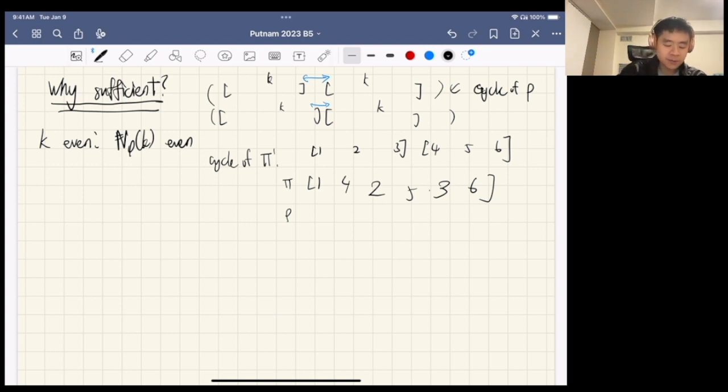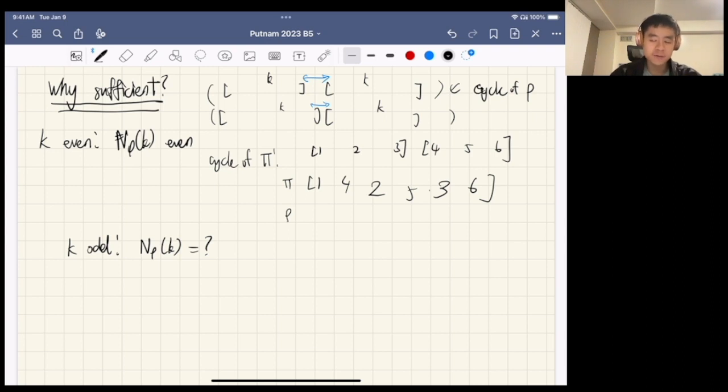What happens if k is odd, then we don't know what this would be. So as it turns out, we already see that it is possible to retain this cycle for the original pi.